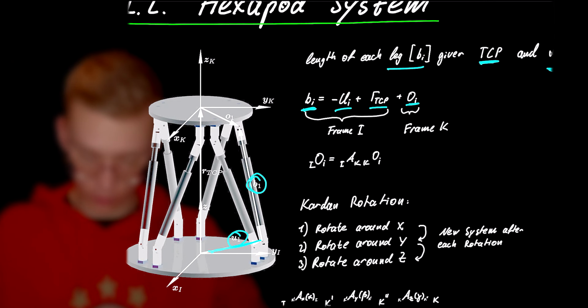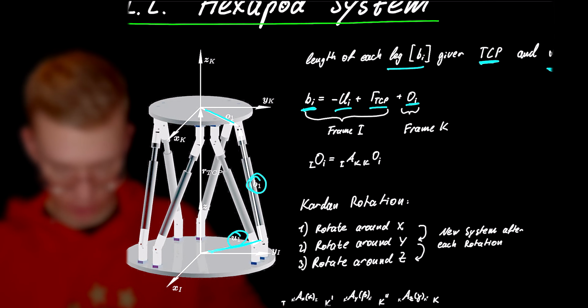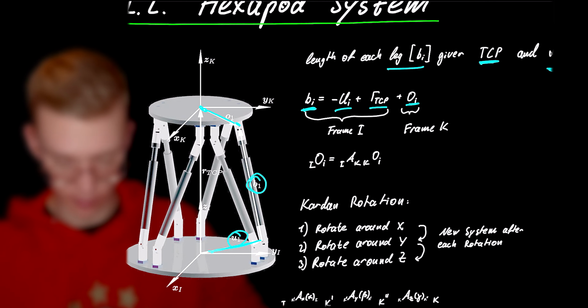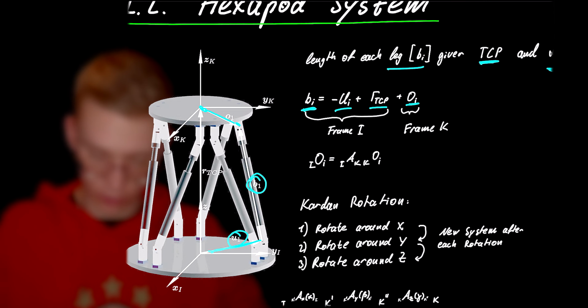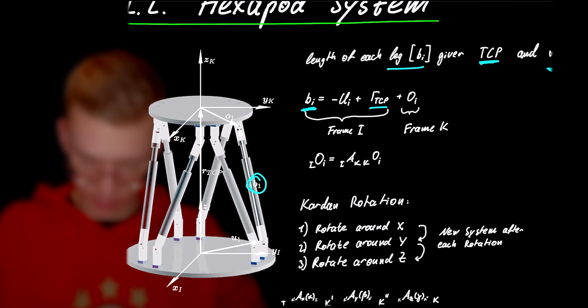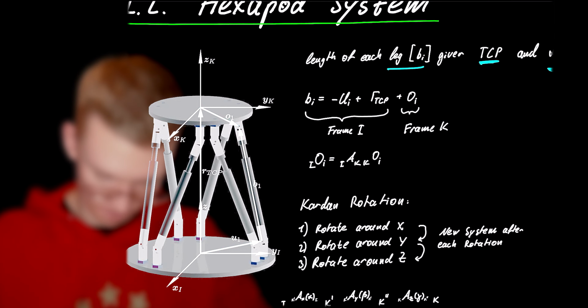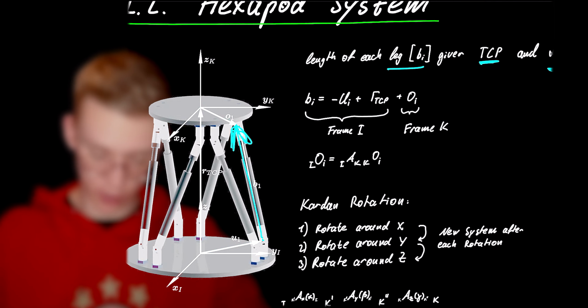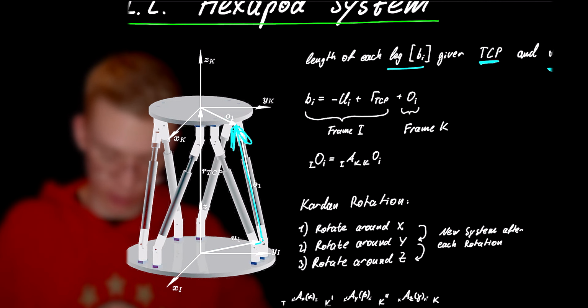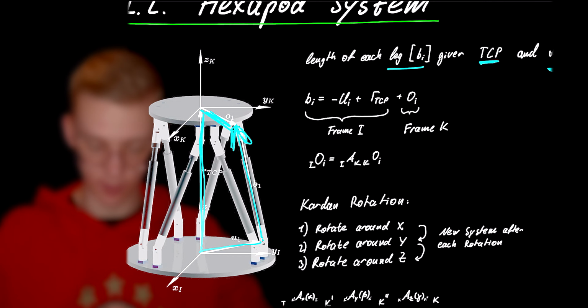And we have this connection from the tool center point to the connection of the leg. So to get the vector that we need, we can also go everything backwards. So we go minus U1 in this case, then we go plus the tool center point and plus O1.